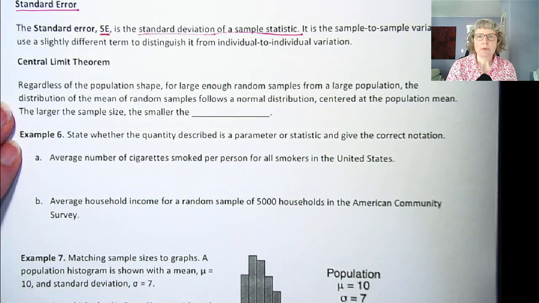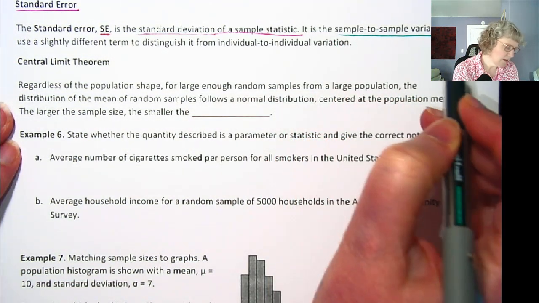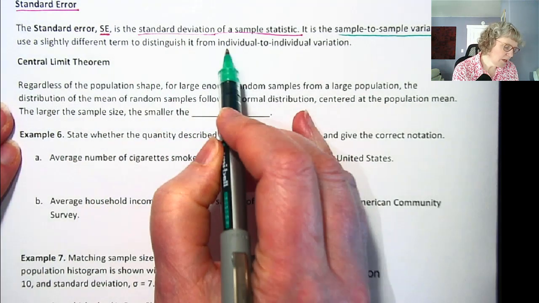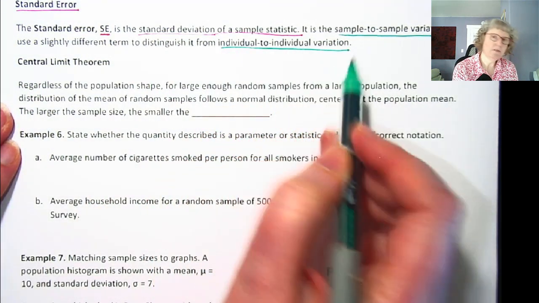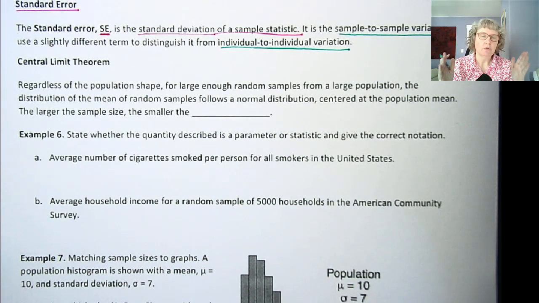The reason we use a different term is because we want to distinguish it, that it's sample to sample variation, and we want to distinguish that from individual to individual variation. Remember with the baseball player salaries, we had quite a wide graph, from 500,000 up to 42 million, a lot of individual to individual variation.